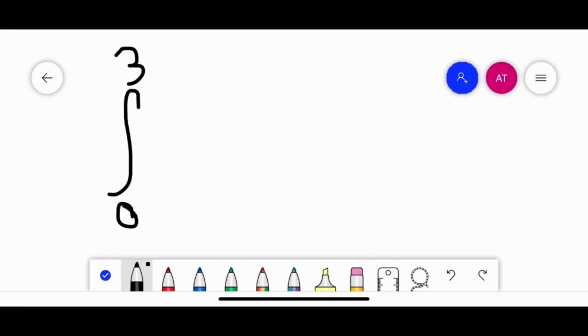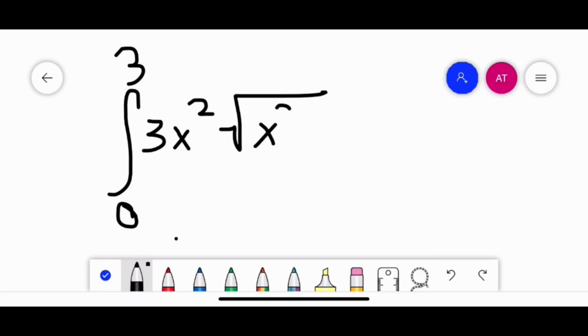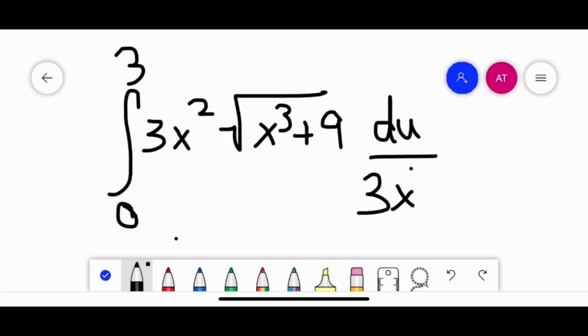So then the integral becomes 3x squared times radical x cubed plus 9, which is radical u. And then we substitute du over 3x squared in place of dx. The 3x squared and the 3x squared cancel out, so the integral becomes radical u.